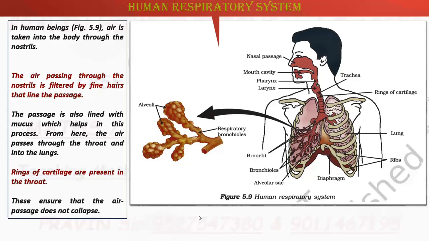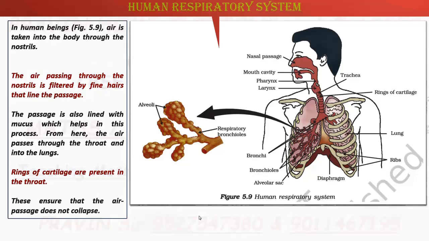It has a flap-like structure called the epiglottis. The epiglottis prevents the entry of food into the windpipe. The next part is the larynx. The larynx is known as the sound box as it has vocal cords. Vocal cords are paramount in the generation of sound.